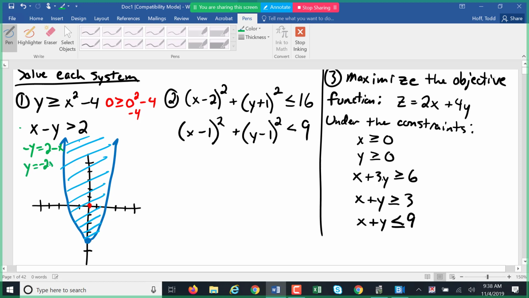So y equals negative 2 plus x. That means 0, negative 2 is the y-intercept, and it's a positive 1x, so you go up 1 over 1 for our slope. Now that is strictly greater than, so it's going to be a dashed line.